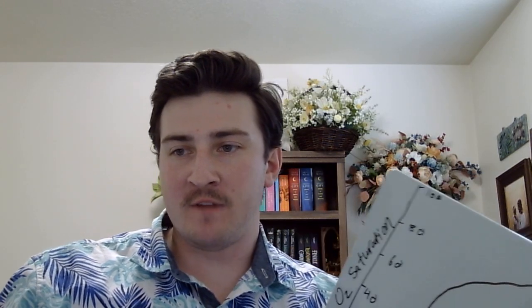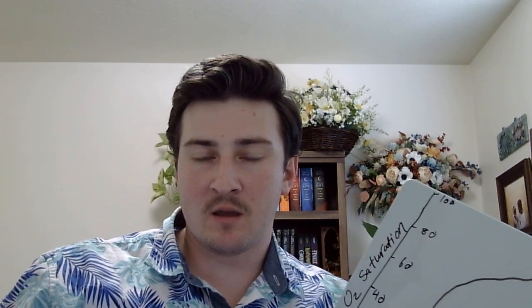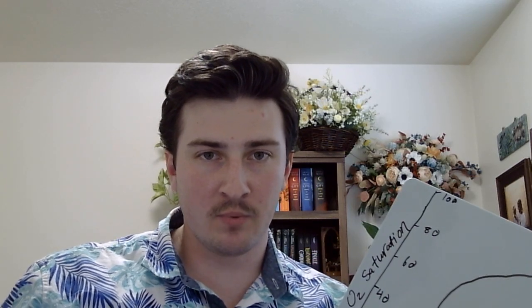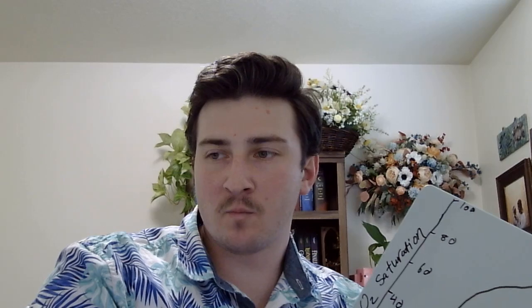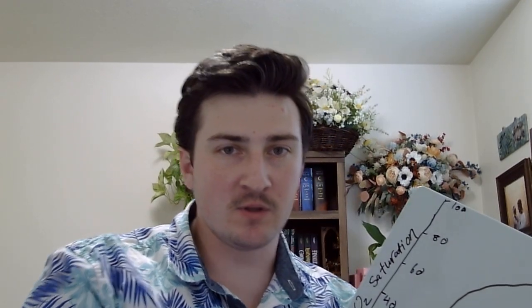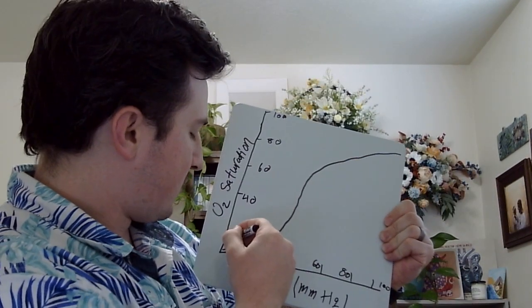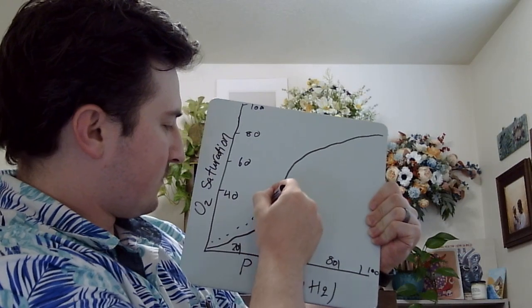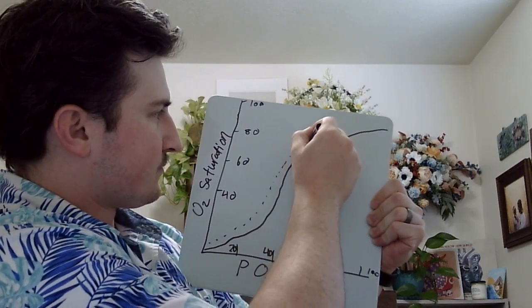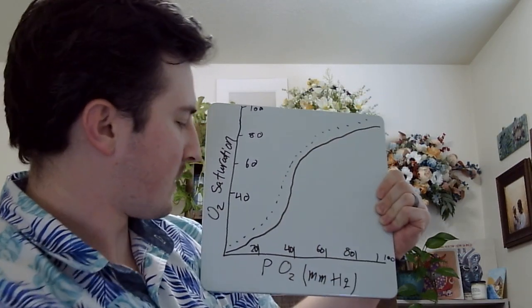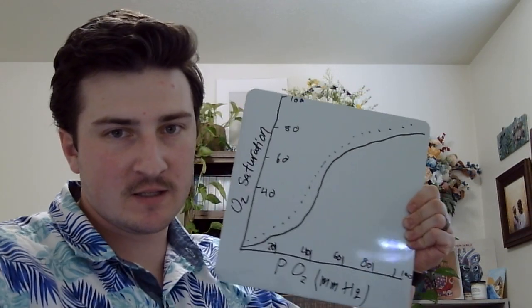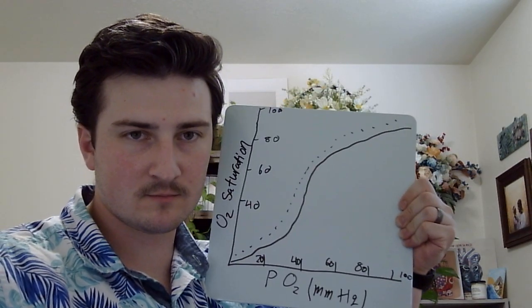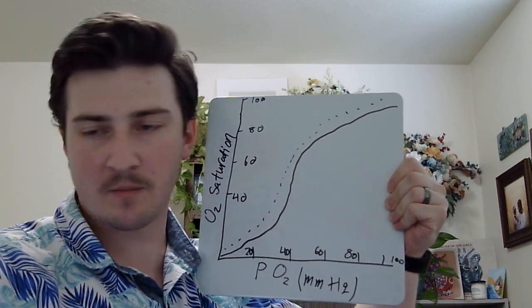So factors that will influence our affinity is going to be pH, first off, our Bohr effect. So lower pH will decrease our affinity, and that's going to shift the curve to the right, like this. So once the curve is shifted to the right, if you can see that, yeah, okay.